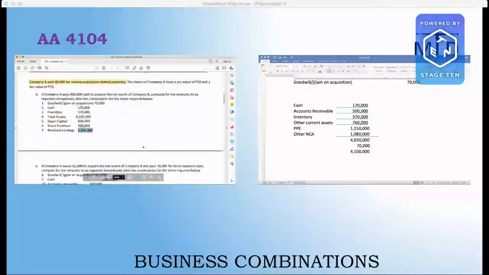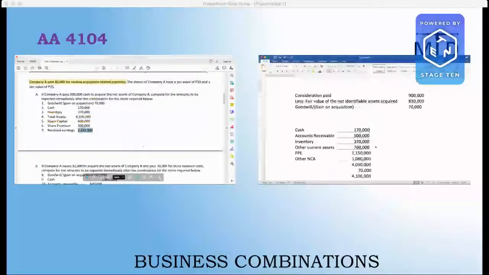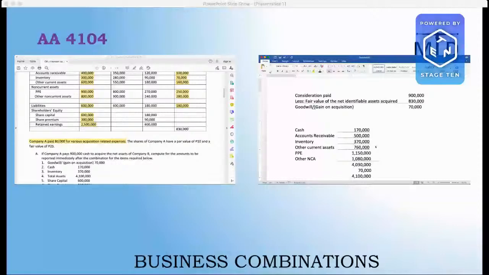So to summarize class, first, if you're asked for goodwill, it's simply consideration minus fair value. If you're asked for combined individual assets, just add the asset of the acquirer at book value and the asset of the acquiree at fair value.